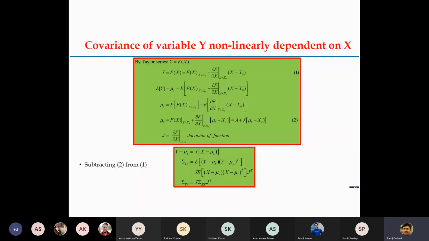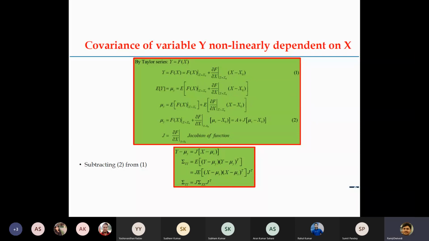So I'm giving you one small question to solve at your end. There is a very basic question which you can attempt right now. The z is written as 2x1 plus x2.